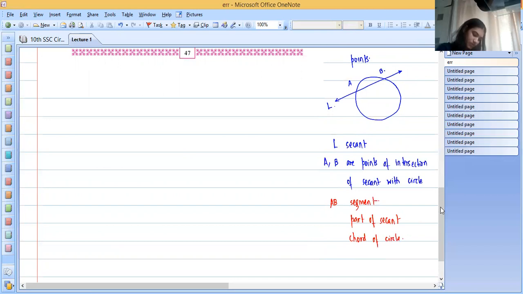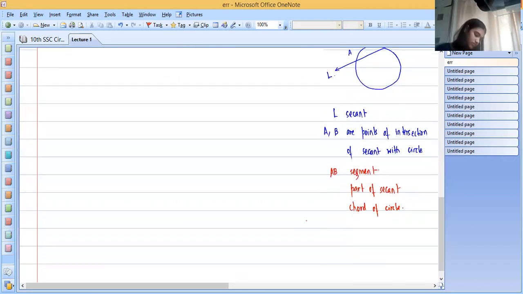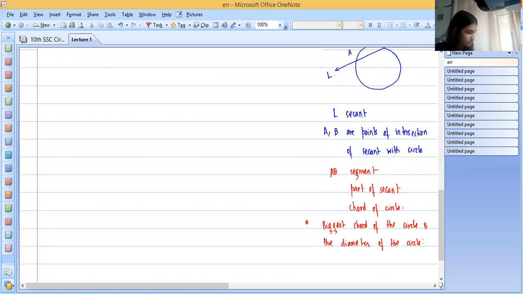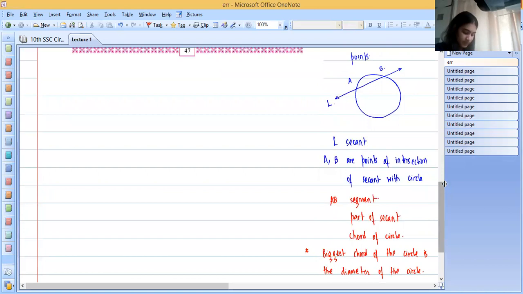It is important to note that the biggest chord of the circle is the diameter of the circle.